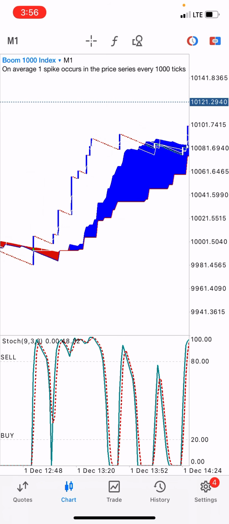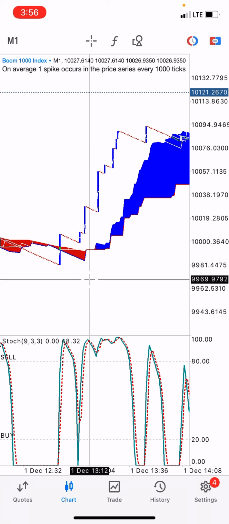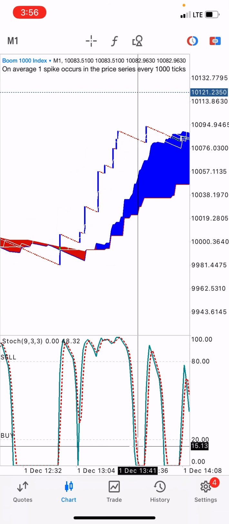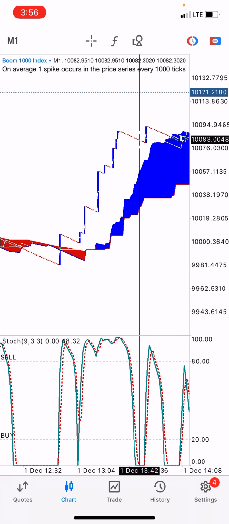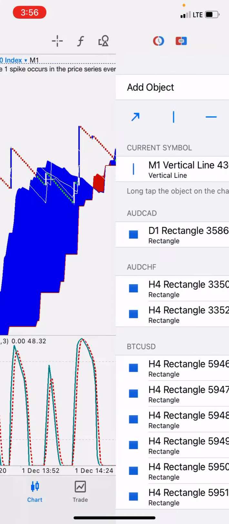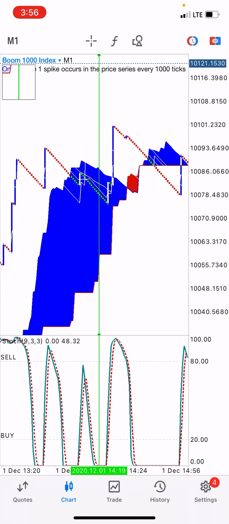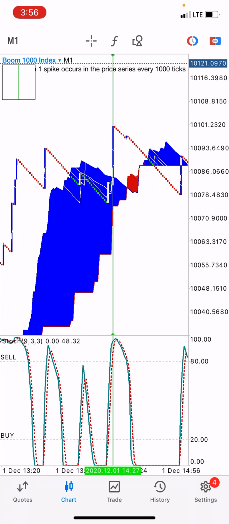As you can see, we are on uptrend here. Taking your buy right here, as you can see, we have caught this spike. You take your buy again, you take your buy here. Maximum 1 to 5 candles. You would have waited for like 3 or 4 candles. You would have caught this spike and this spike.